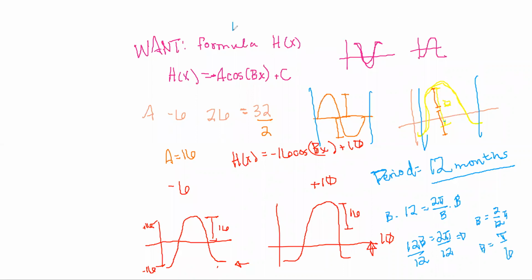So when push comes to shove, we have this formula, h of x is equal to -16 cos pi over 6x plus 10.